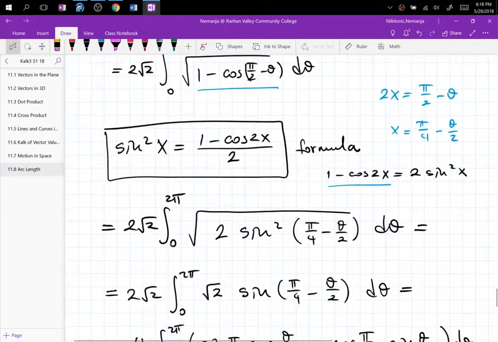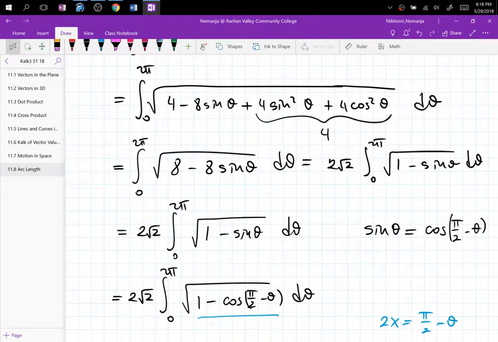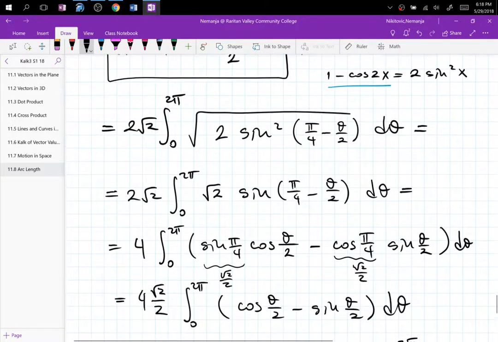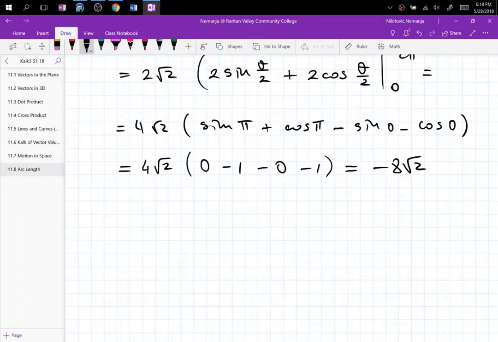So when you get the 8 minus the 8 sine theta, and take out the 8, you get 1 minus sine theta. Change the sine theta into 2 sine of t over 2 cosine of t over 2, and then they change the 1 into cosine squared plus sine squared. And then we solve it like that. Okay, we can try that. I still want to find the mistake though.